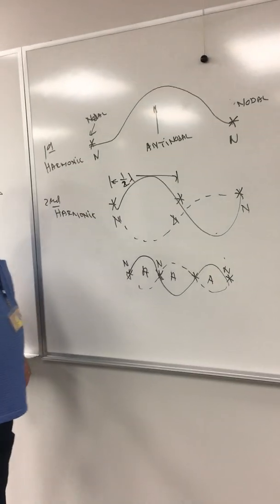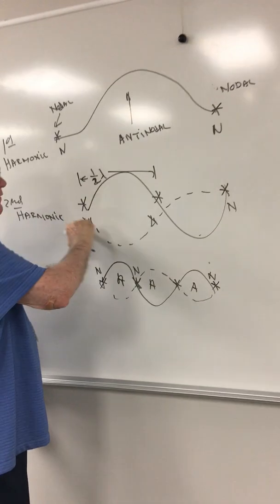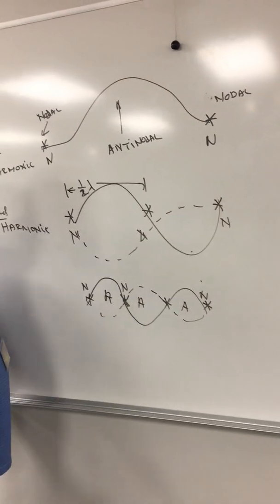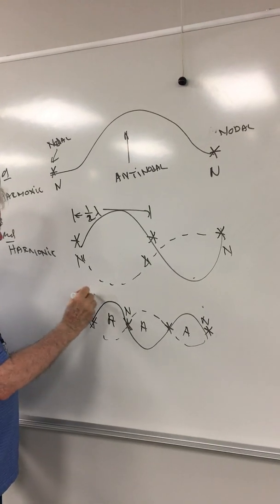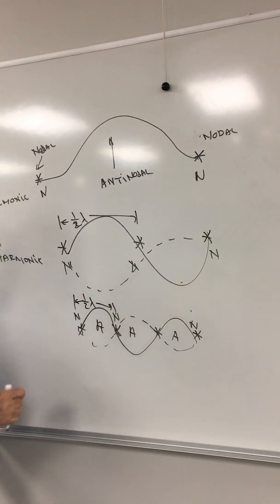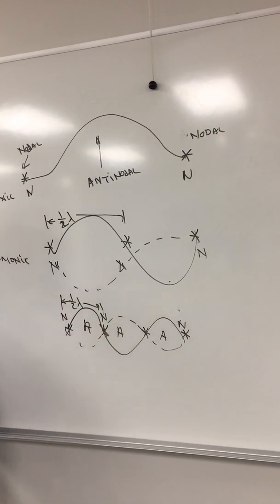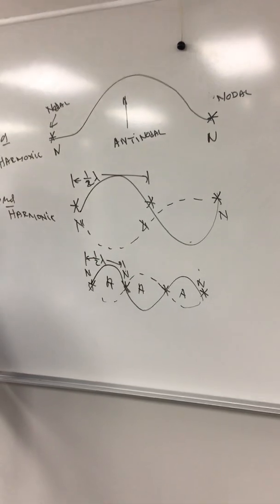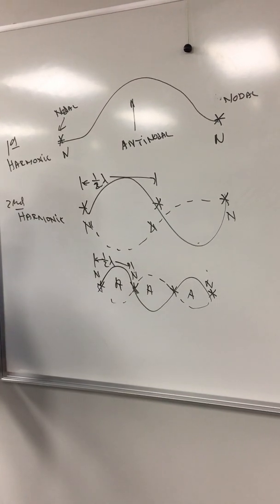That's the distance between 2 repeating points. So this is 1/2 wavelength, this is 1/2 wavelength. And this distance right here is equal to the distance between adjacent antinodal points. So these are also 1/2 wavelength, as it turns out.